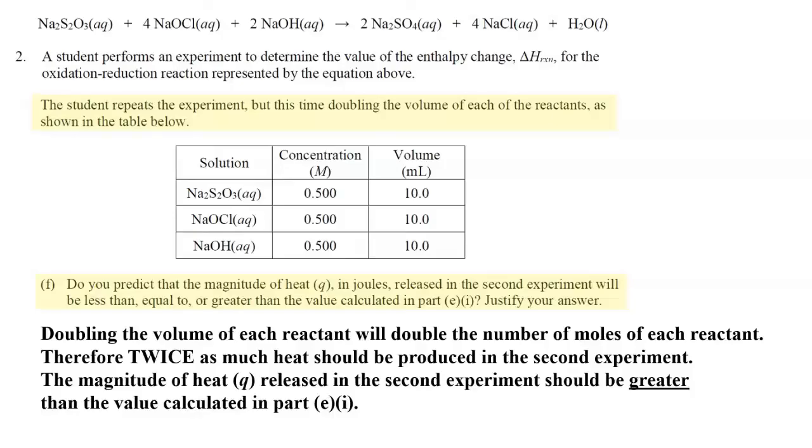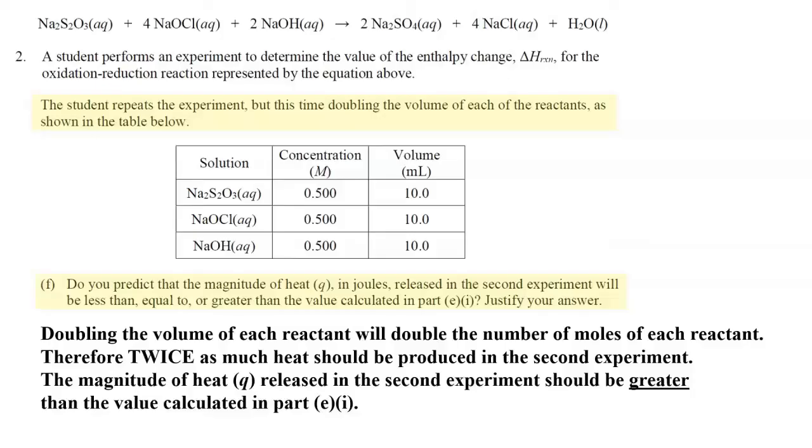Doubling the volume of each reactant will double the number of moles of each reactant. Therefore, twice as much heat should be produced in the second experiment. So the magnitude of heat, Q, released in the second experiment should be greater than the value calculated in part E-I. Remember that there is a difference between Q and delta H.